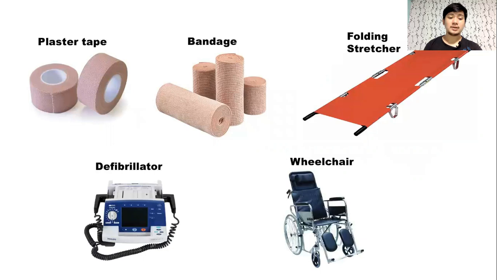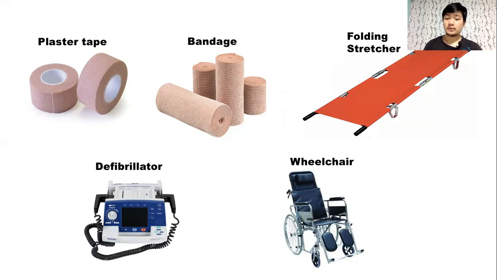Next is plaster tape. It refers to all textile adhesive bands that are used for wound treatment or for treating disturbances in movable joints. Next is bandage, a piece of material used to dress a wound or bind a broken limb.